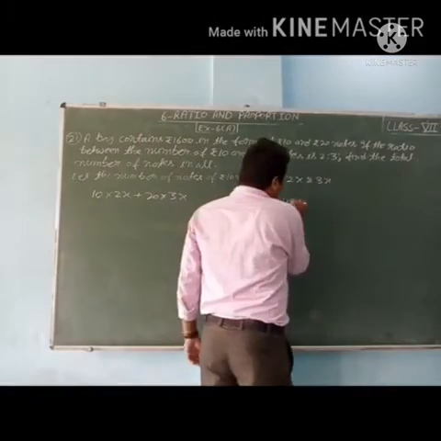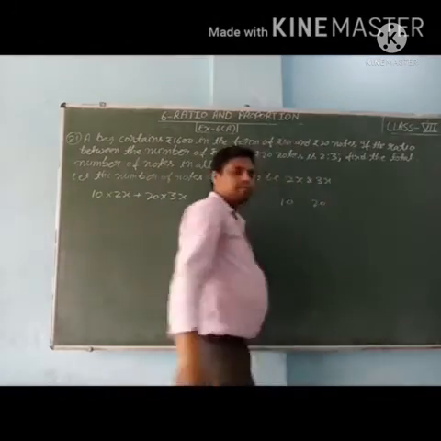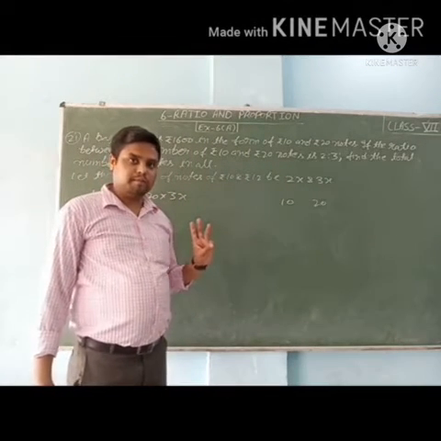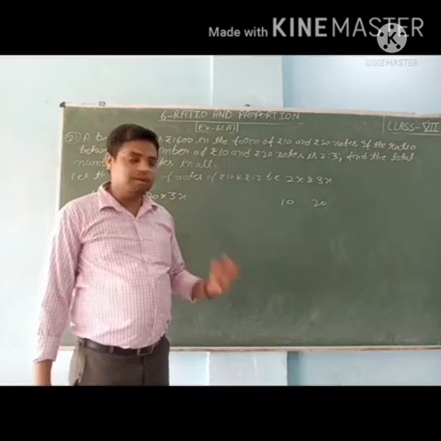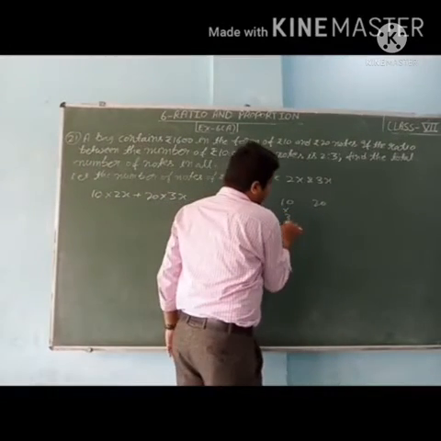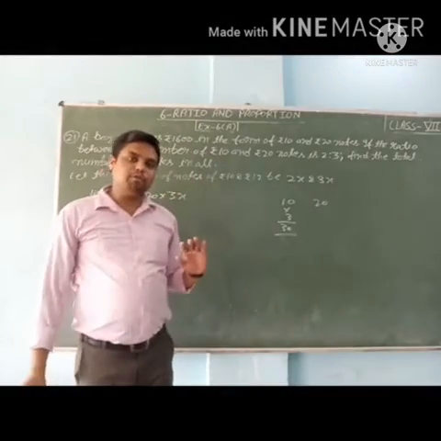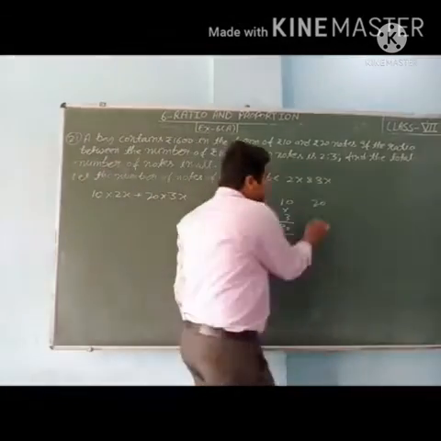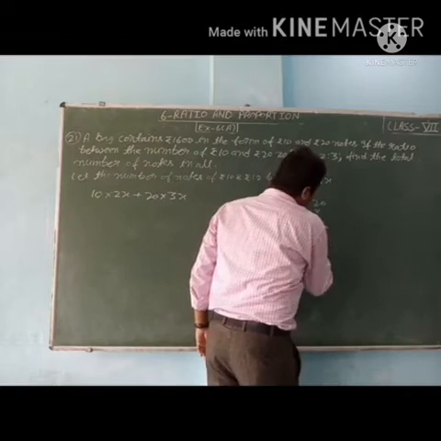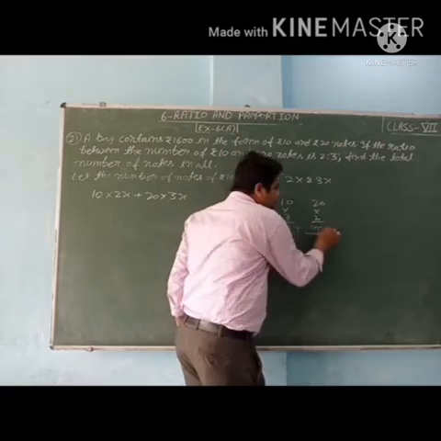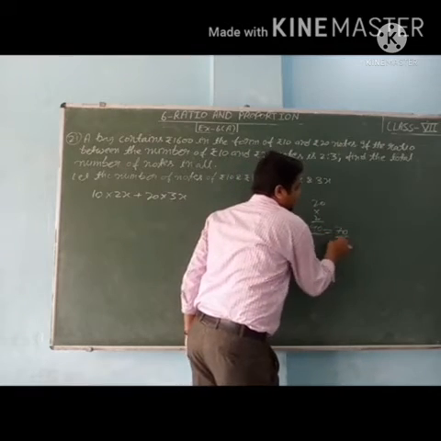Suppose you have 10 rupees notes and 20 rupees notes. 10 rupees notes you have 3. It means how much amount you have? 30 rupees. And 20 rupees notes you have 2. It means 40. Now the total amount you have is rupees 70.